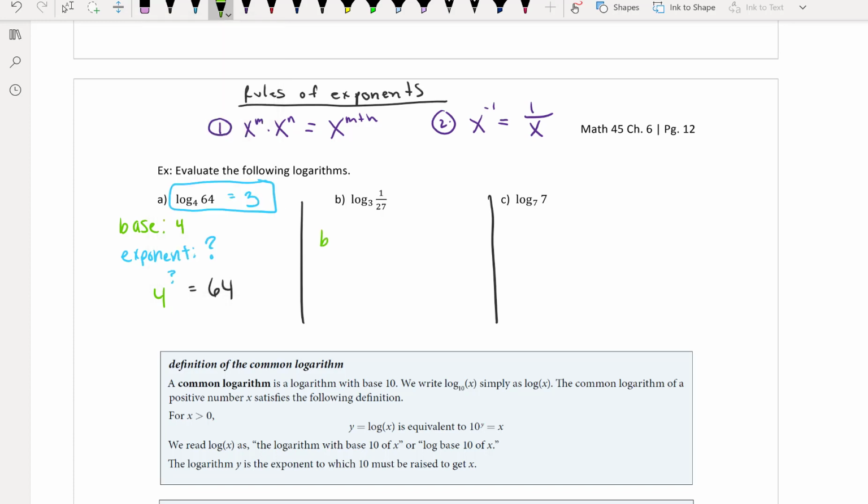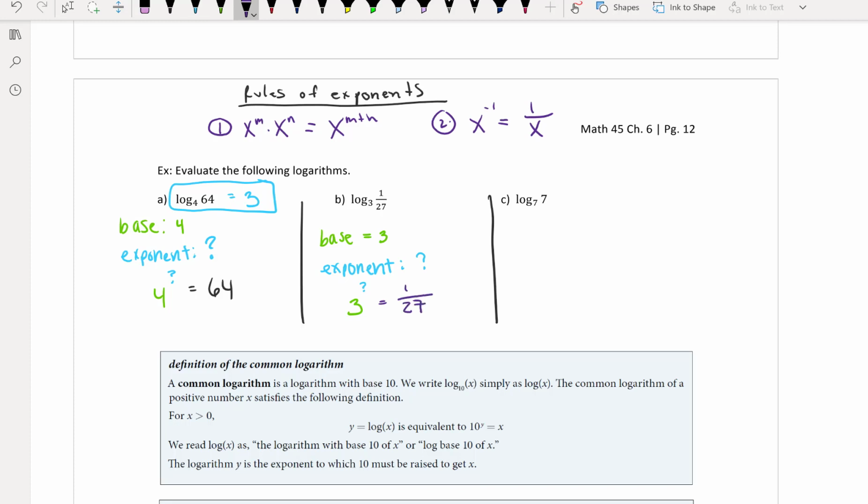I know here that my base is equal to a positive 3, and I'm trying to figure out what the exponent is supposed to be. So that's kind of what you're doing. You're like, okay, 3 to what power is going to equal this 1 over 27?